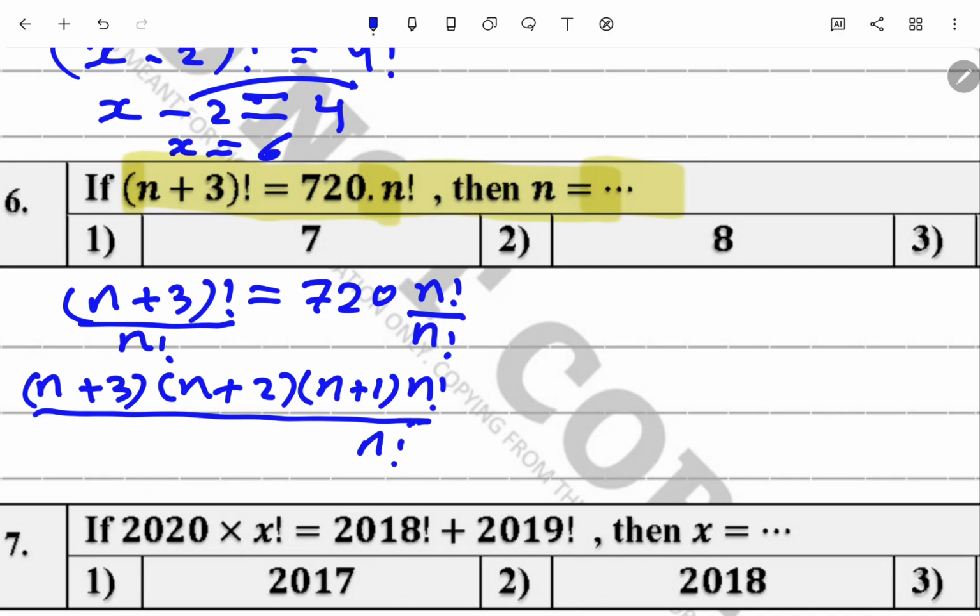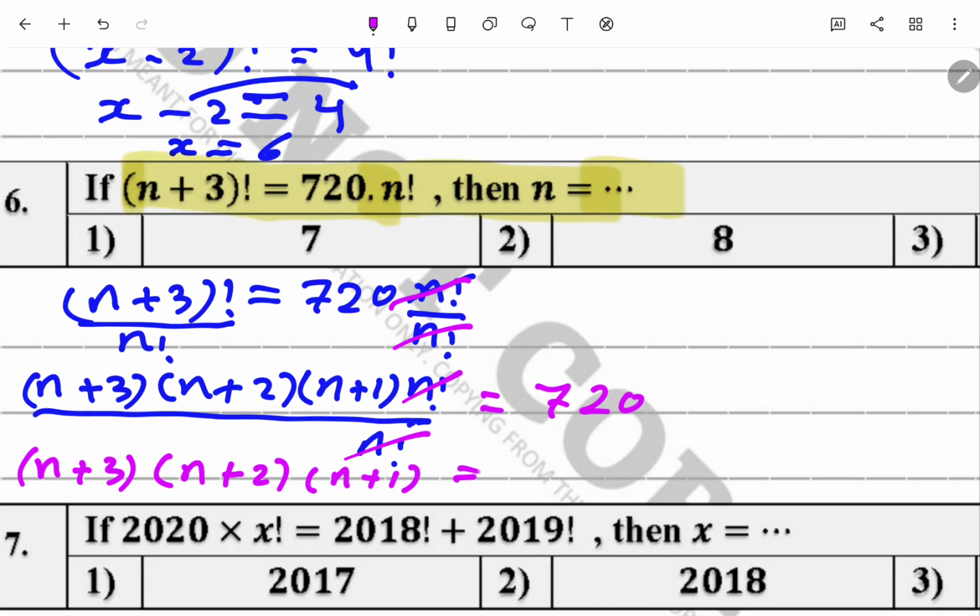This is for the left side. On the right side, you can cancel this n factorial with this n factorial to get only 720. After canceling these, you can see that you are getting 3 consecutive factors on the left side. And you have to think on the right side about 3 factors which are also consecutive.